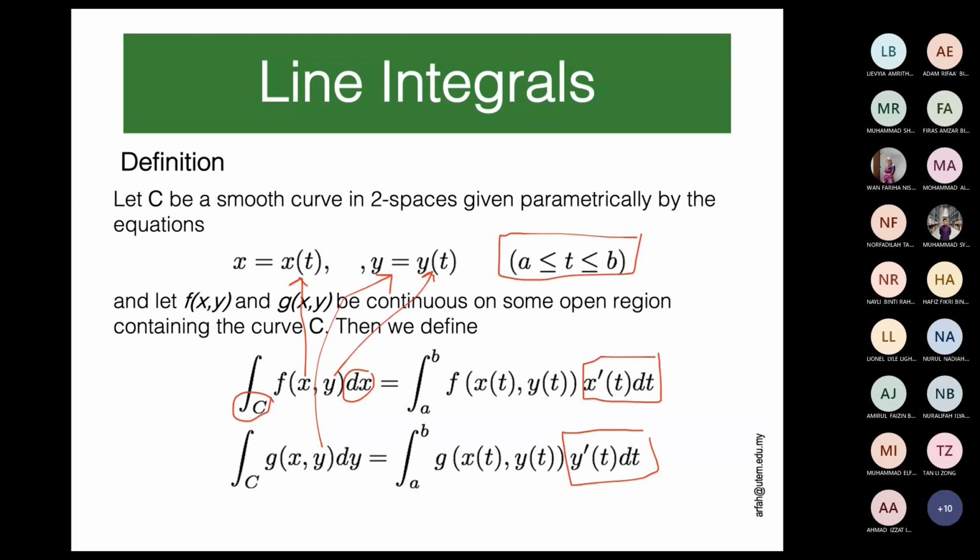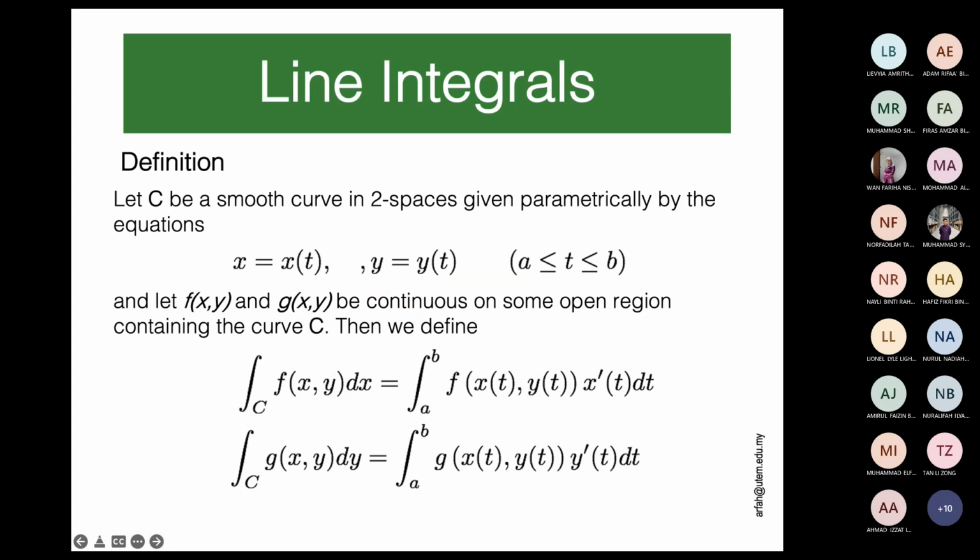So this is the line integral, meaning that x is a function of t and y is a function of t, and t takes values between a and b. So we want to find the integration over the smooth curve.